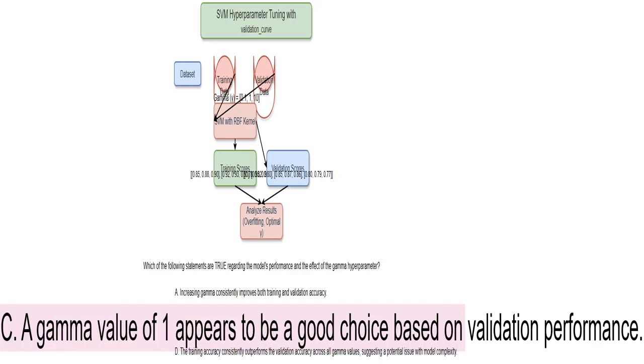This assesses the optimal gamma value based on the validation accuracy. Remember, we're primarily interested in how well the model generalizes to new data, which is represented by validation scores. The validation accuracy peaks at gamma equals 1. Therefore, gamma equals 1 seems to be the best choice, making the statement true.